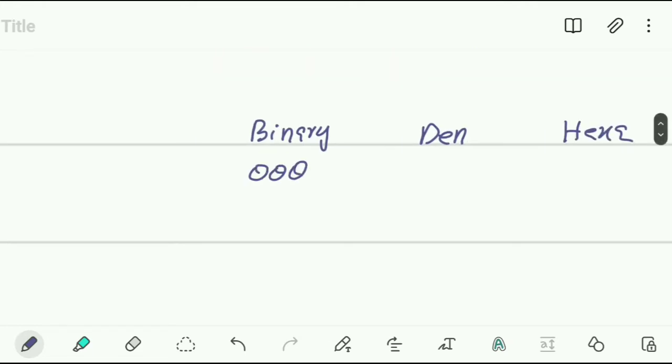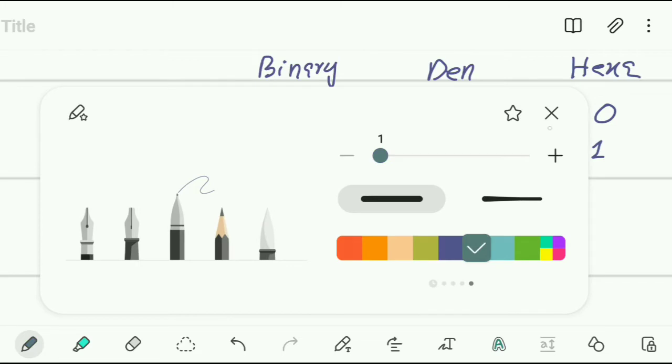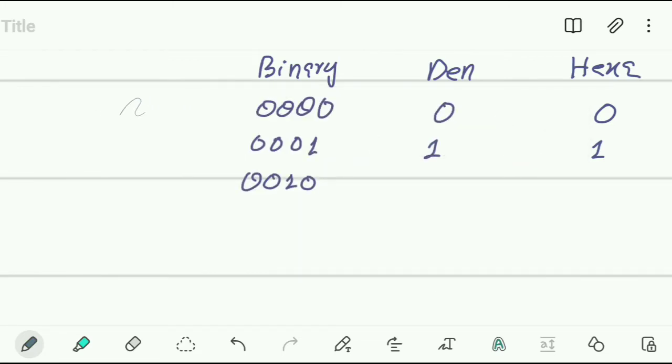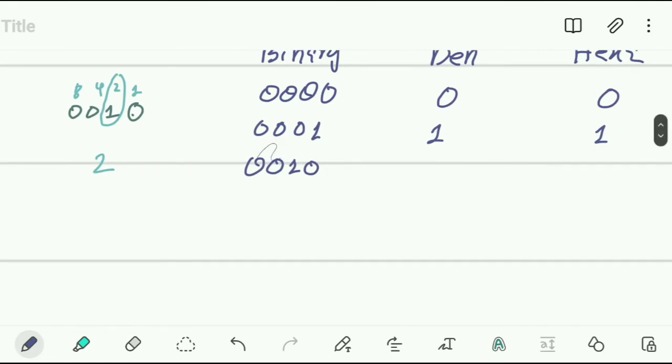If this is 0 0 0 0, we represent denary as 0, hexa as 0. Then 0 0 0 1, this would be 1, this would be 1, then 0 0 1 0. What's happening here is these 4 digits, for example 0 1 0 0, have place values 1 2 4 8, so the number would be 2. This is how I'm representing the numbers in denary.